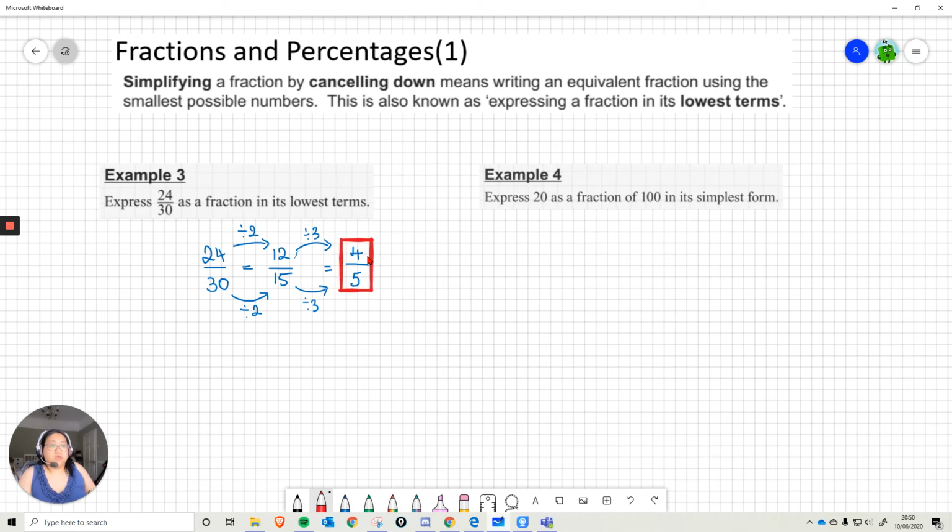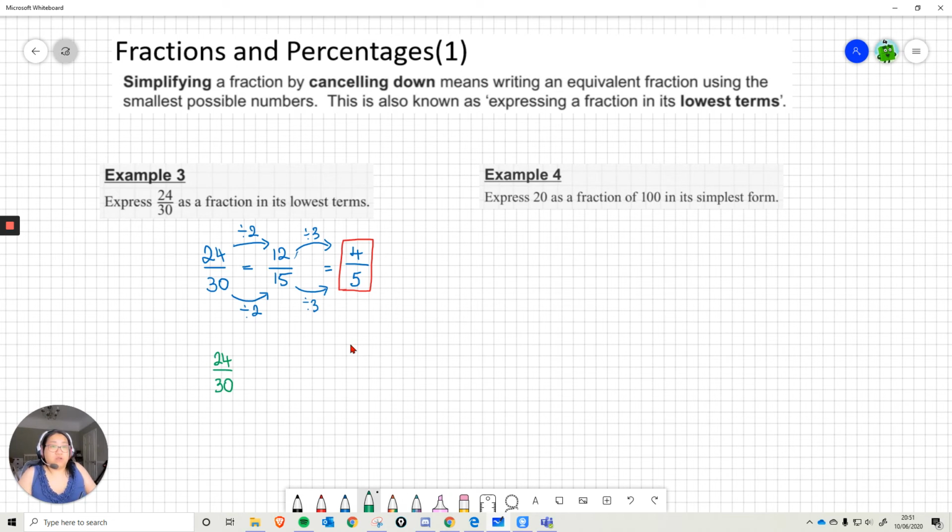Now you don't have to do it in 2 steps like I've done here, where I halved it first and then divided by 3. You can do it all in one go. If you wish to do it in one step, the best way is not to think of any number that goes into 24 and 30, but to think of the largest number that goes into 24 and 30.